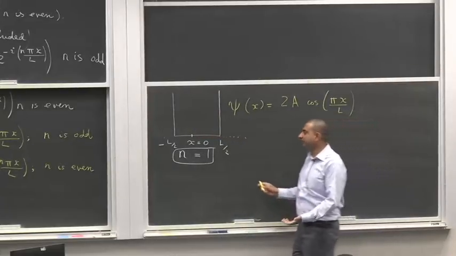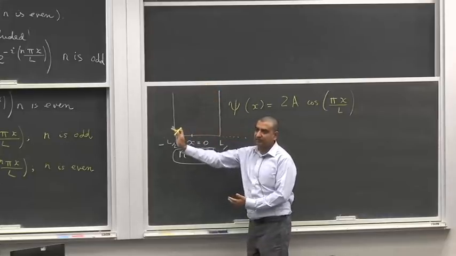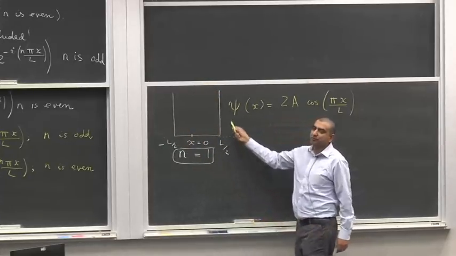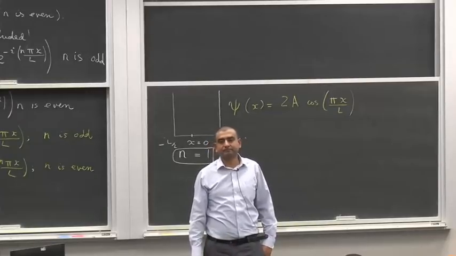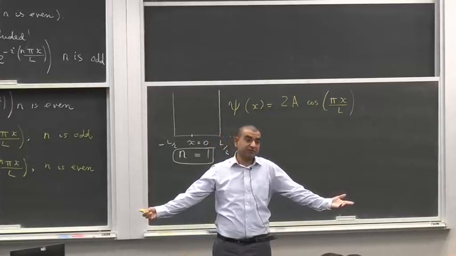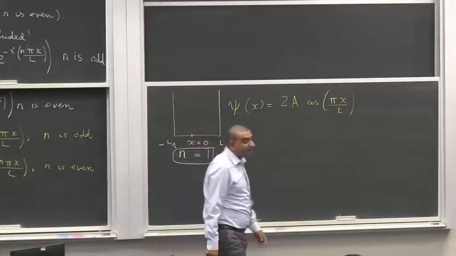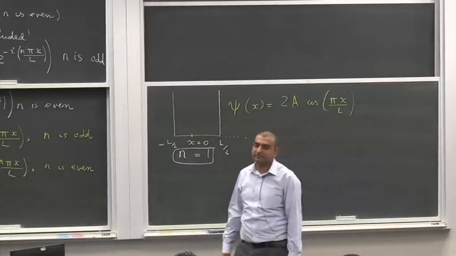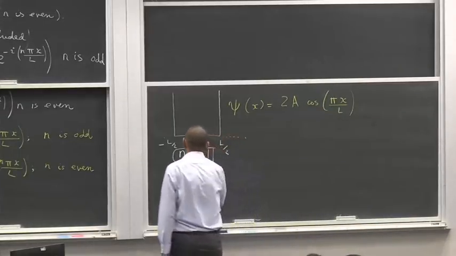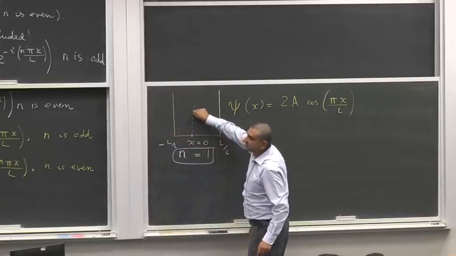Now this is a graph, okay? The wave function is on the vertical axis and this is x. Could you attempt to plot this function? It's a cosine function. What would it look like? Yes, it's a cosine function. So, when x equals 0, this is at its maximum value.